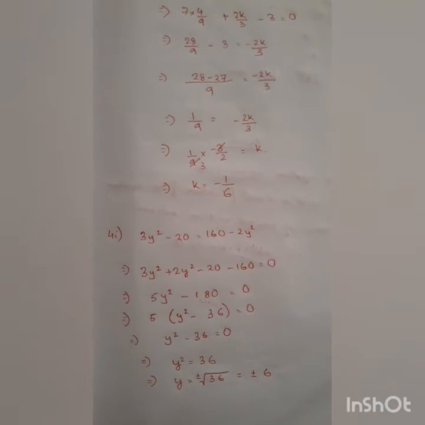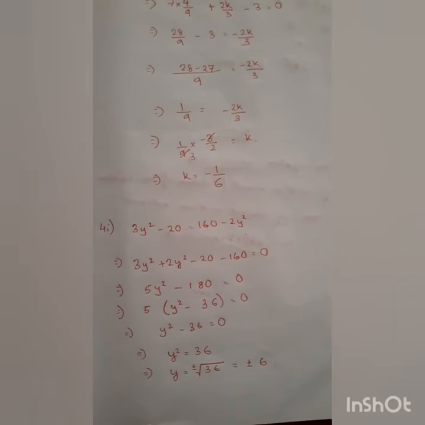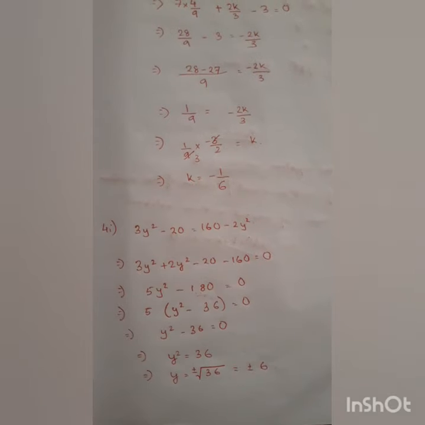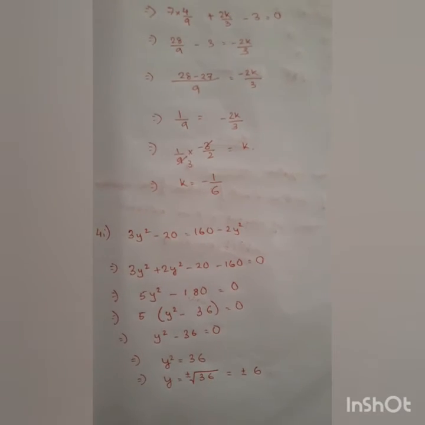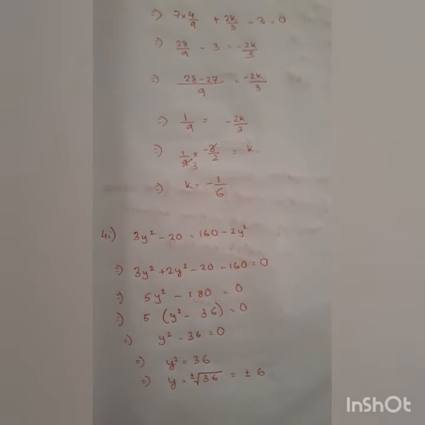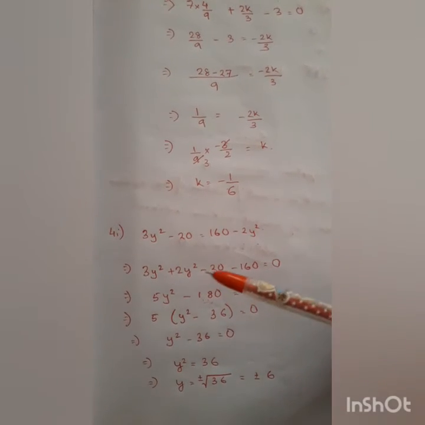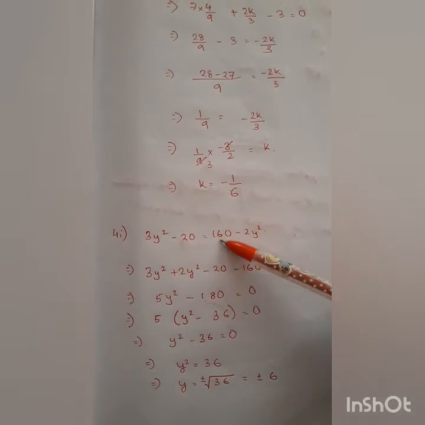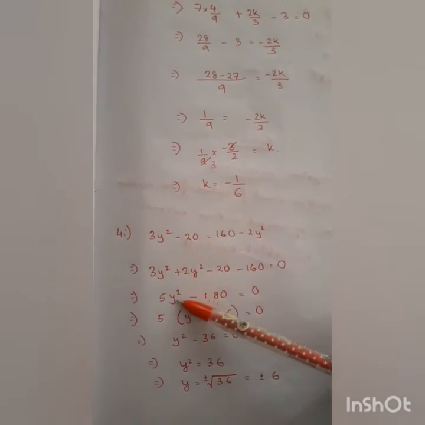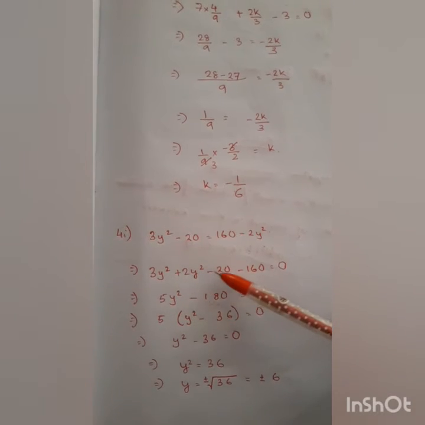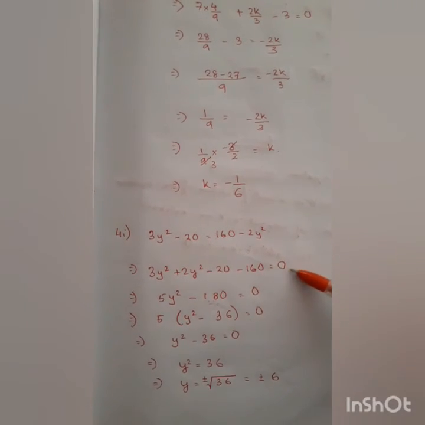Here you will have to solve and find the solutions of the given quadratic equations. Say it is given 3y square minus 20 equals to 160 minus 2y square. From here, I have just taken 160 to the other side and minus 2y square to the other side. I have got 3y square plus 2y square minus 20 minus 160 equals to 0.